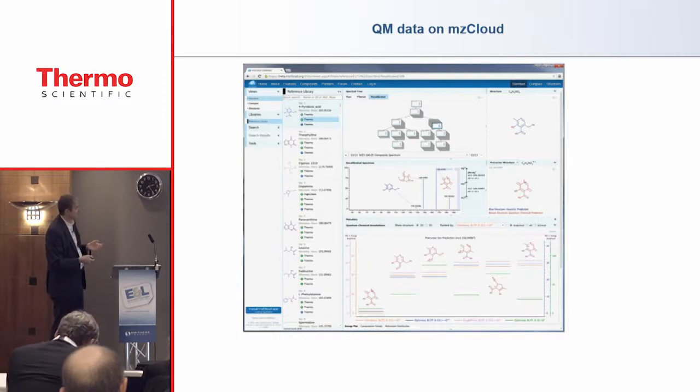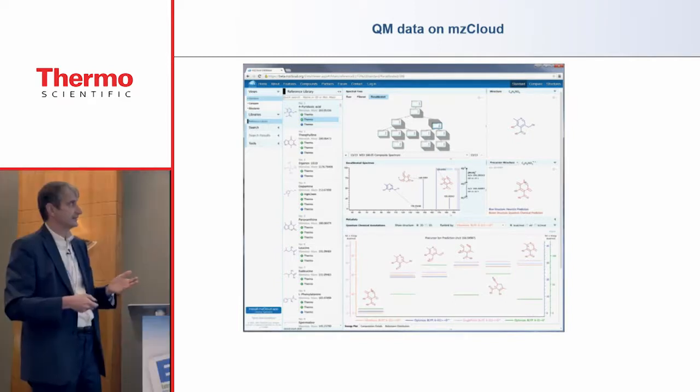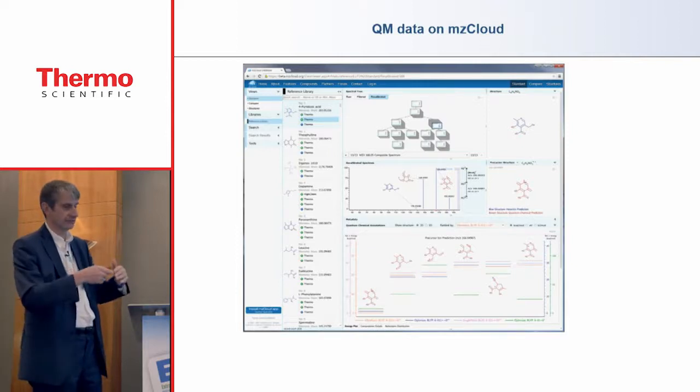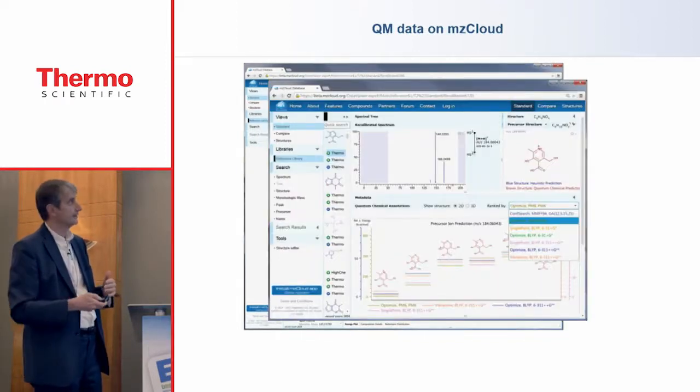Here you see the relative electronic energies for all the fragments, and of course the lower the relative electronic energy, the more stable the ion is. Since we are using different quantum chemical techniques and every technique gives a different answer, we show those levels with differently colored lines. So this is the most likely fragment.